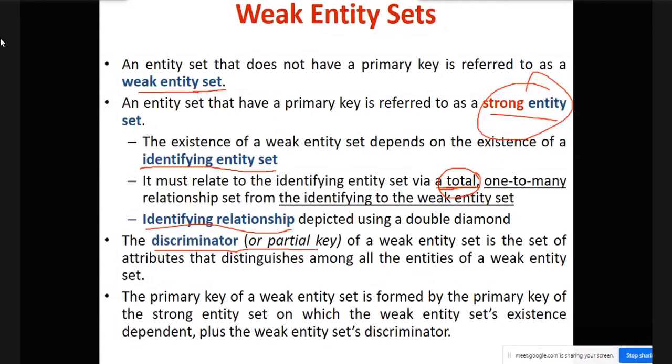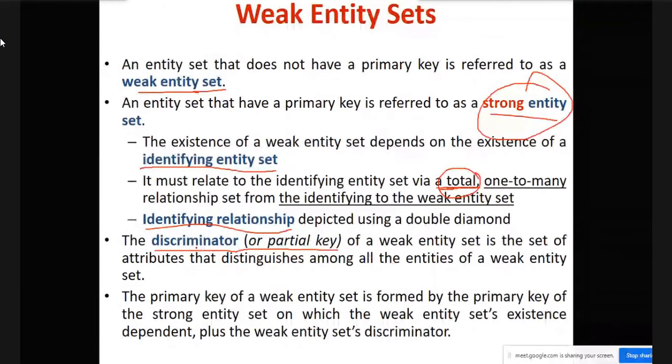This is one of the important parts. Discriminator or partial key. The weak entity set does not have a primary key, right? But it has some key. We can say it is not uniquely identified, but for some part it gives some identification. So that is known as a discriminator or partial key.